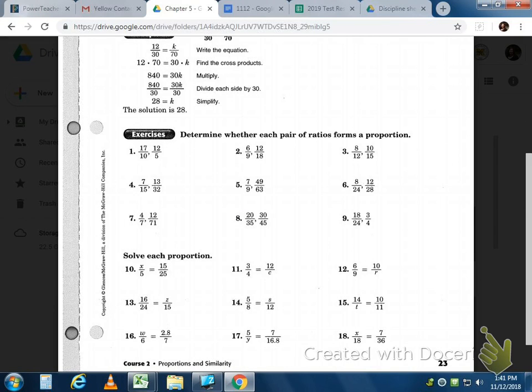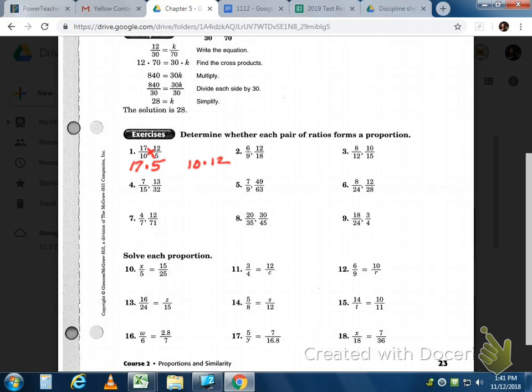So let's look at number 1. Number 1 says 17 tenths and 12 fifths. So you do a cross, cross. So we need to do 17 times 5, and then we need to do a 10 times 12.